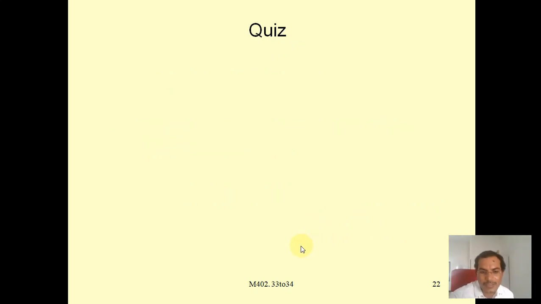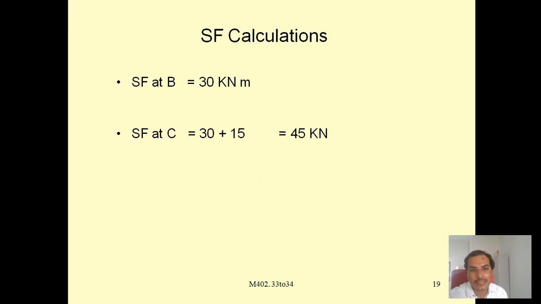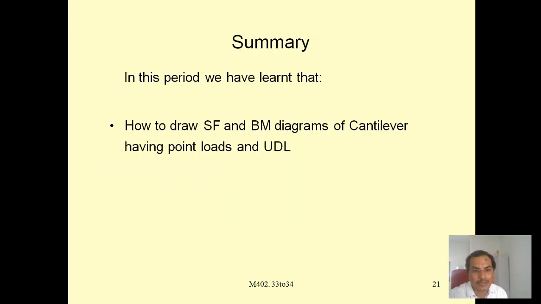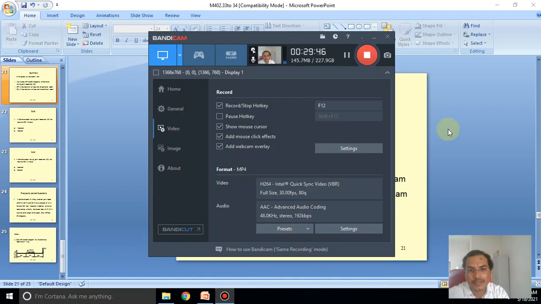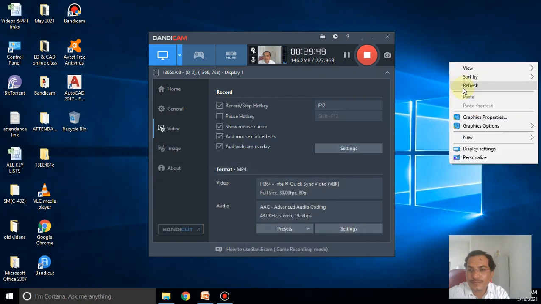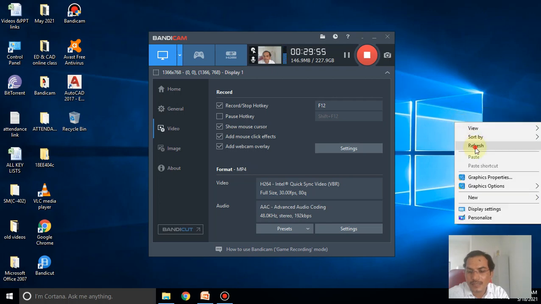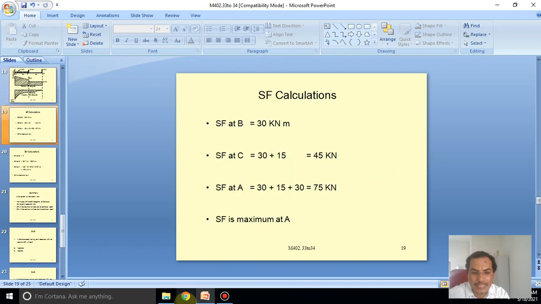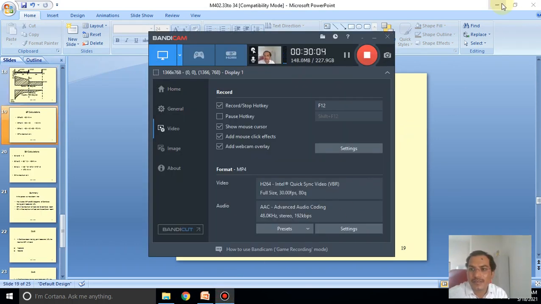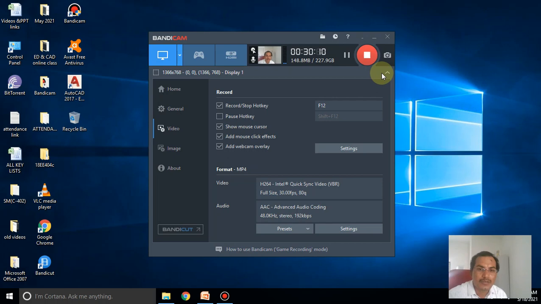We also discussed some example problems. This is the subject of civil engineering. Right now my topic is over.